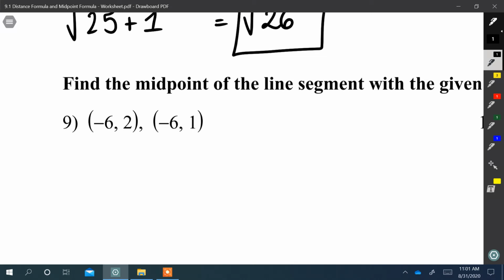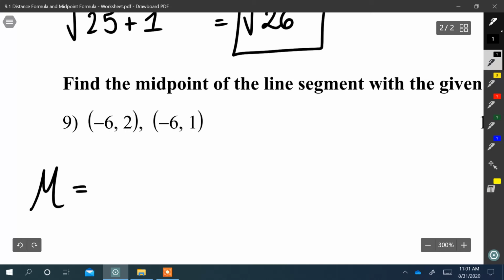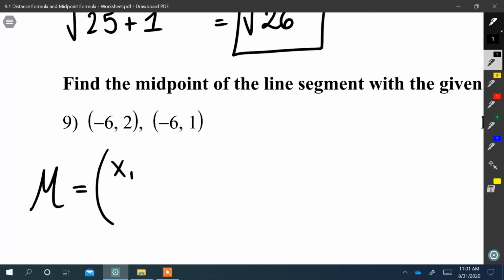Well, the midpoint formula is the following. It's going to be a big M for the midpoint. And we have x1. It's actually pretty easy. And it's a point. Remember, if it's midpoint, we've got to find a point. We're not finding a number or a solution, we're finding a point. And what that point is going to be is this.